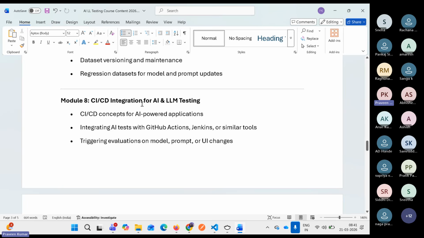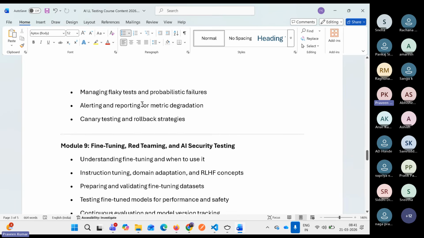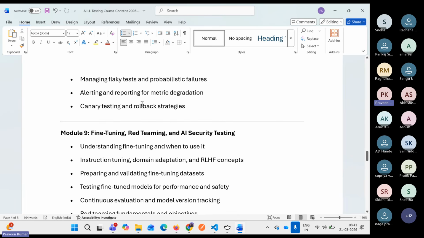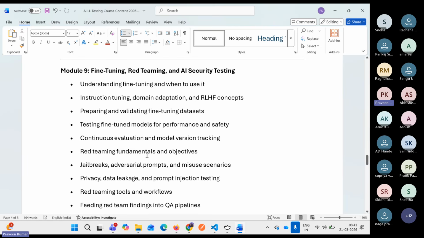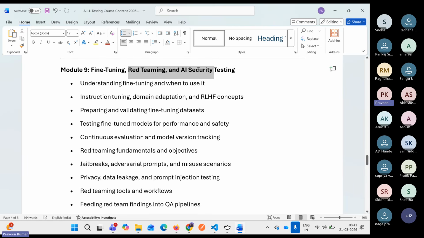We'll generate reporting to see how enterprise reporting looks, how organizations like Google use their reporting and so on. And later, fine-tuning, red teaming, and AI safety and security testing. This is booming in the market right now, where it talks about red teaming and AI security testing: whether your AI is secure or not, whether anyone will be able to hack your system or not.